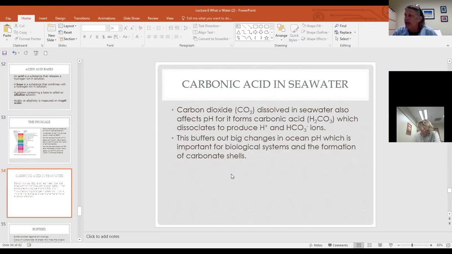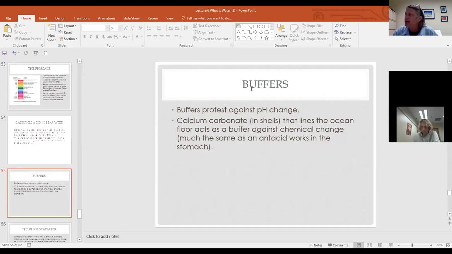And once we cross that, it will disrupt the calcium cycle, which is making shells, and deplete ocean life. We're starting to see ecosystems disrupted by ocean acidification. It's called acidification, but the ocean's not acid, it's basic, so it's becoming slightly more acidic, but it hasn't crossed into the acid range yet.